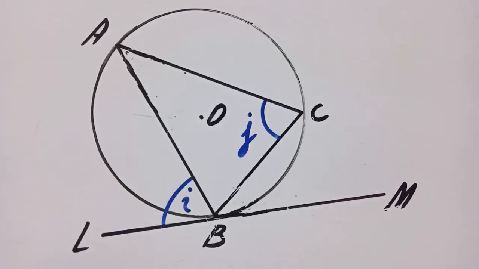In the same figure, consider the angle I, the angle between chord AB and the tangent LM. This angle I is equal to the angle subtended by this chord in the alternate segment, meaning angle J. So angle I would be equal to angle J.